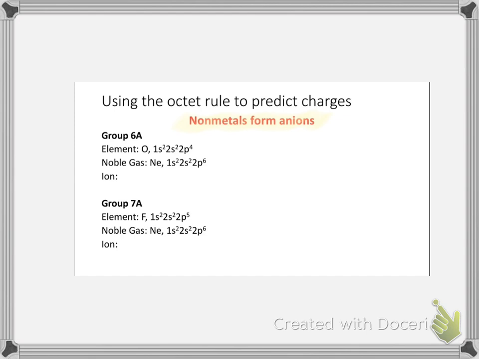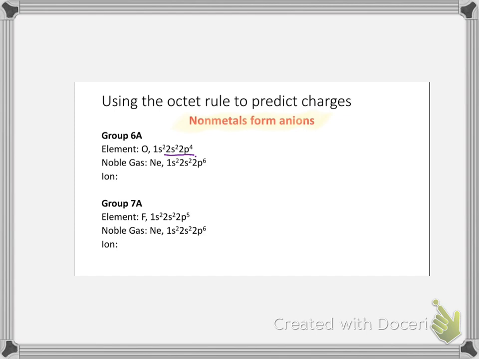So when I compare their valence electrons, what I notice in oxygen is it has 2s2, 2p4. That's 6. And if you compare that to neon, you'll see that it's missing 2.